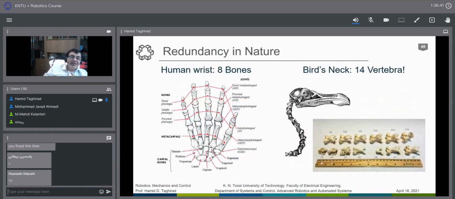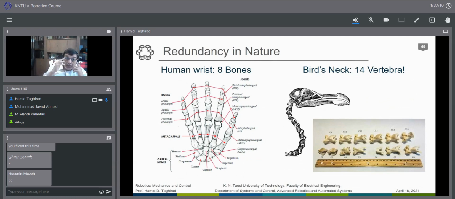None of them are just single serial manipulators. The actuations are somehow parallel. You need to use some parallel manipulation design as well here to understand what is going on. So you see that this redundancy in the nature provides us some hint.